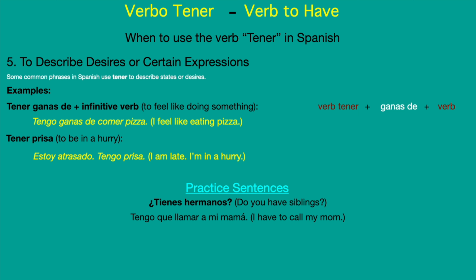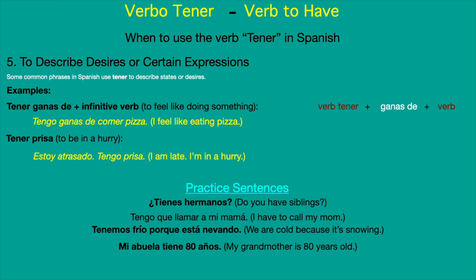So we were practicing tengo que, to have to, right? I have to do something. Tengo que llamar a mi mamá. Tenemos frío porque está nevando. That is when you have some feeling: we are cold because it's snowing.